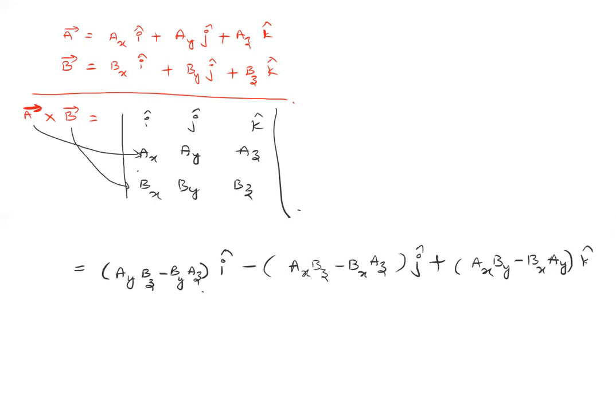This is how you calculate the cross product a bar cross b bar when your vectors are given in terms of i cap, j cap and k cap. Whichever component you require, you simply remove that row and column, and that will end you up with the answer. This is how you calculate it.